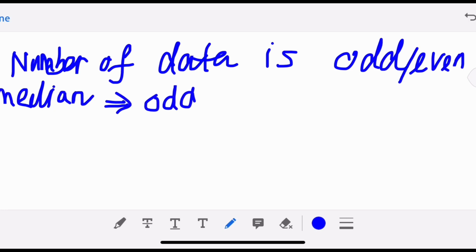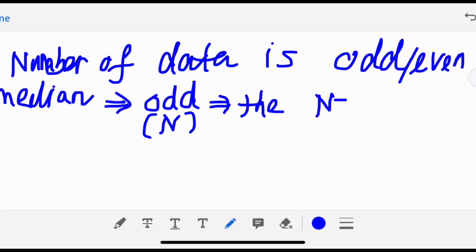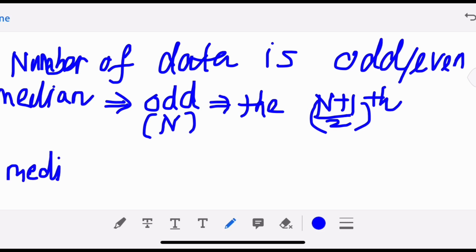The way to find the median if the number of data is odd is, you take the number of data, which is n, and because the median is always at the middle, you take n plus 1 divided by 2, the th term. That is called the data at the middle.